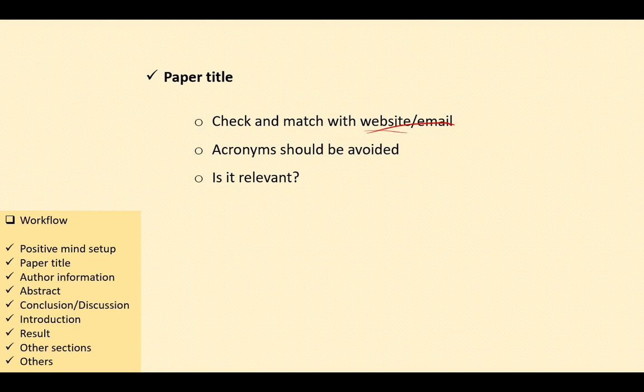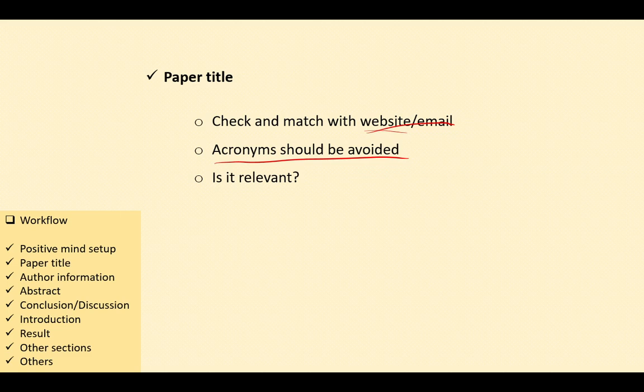Then make sure there are no irrelevant acronyms in the title. The titles should avoid acronyms. So if the acronym or abbreviation is too common and widely renowned, then it is not a problem.